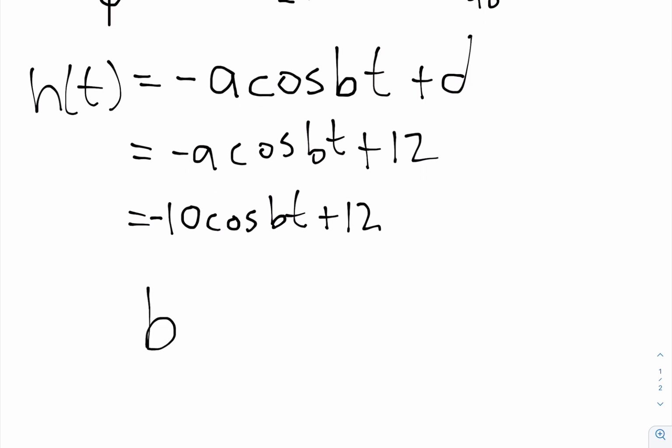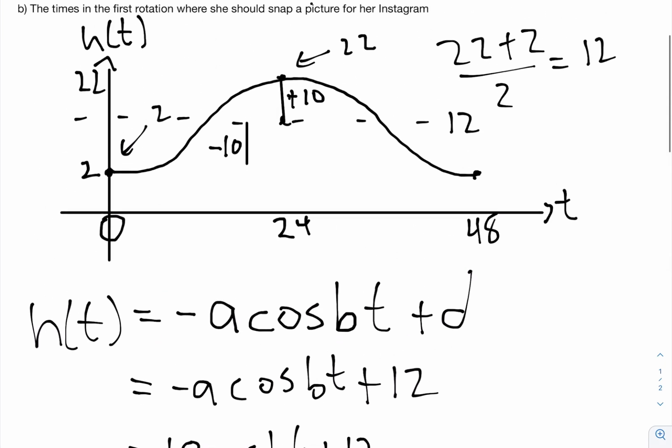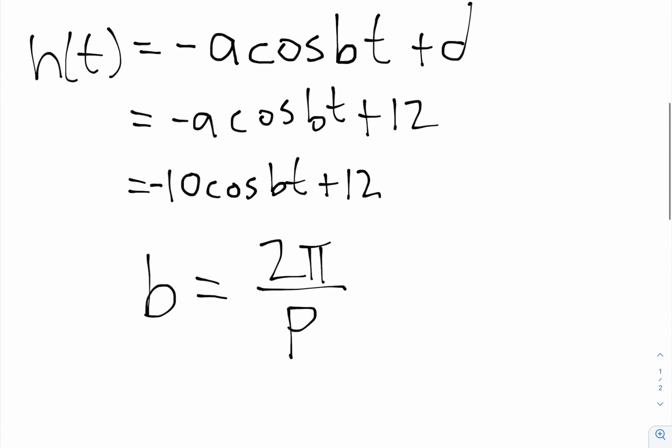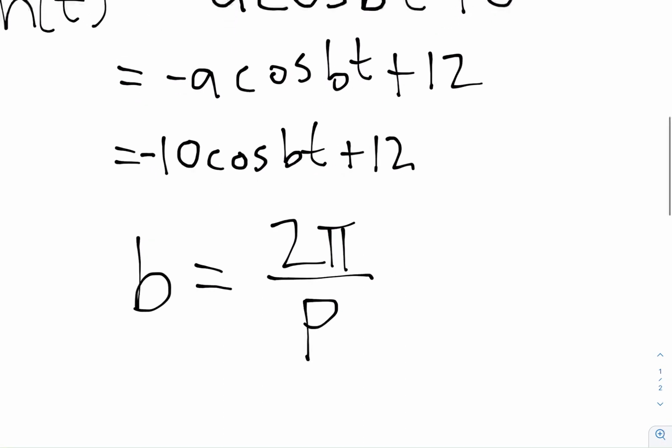And let's remember back to the last video, b is equal to 2 pi over the period. And the period, remember, is the distance from one trough, one minimum, to the next. And we figured this out to be 48 seconds. The units don't matter a whole lot.